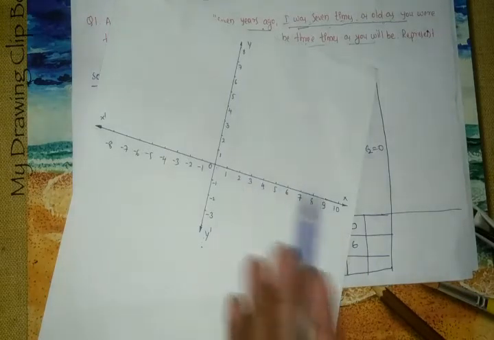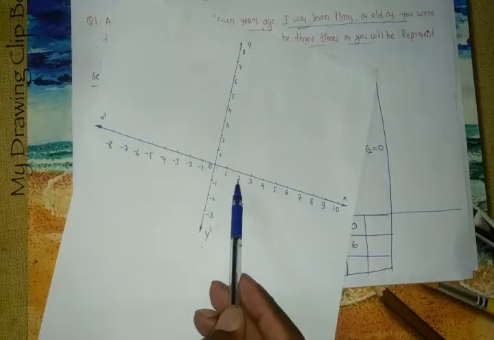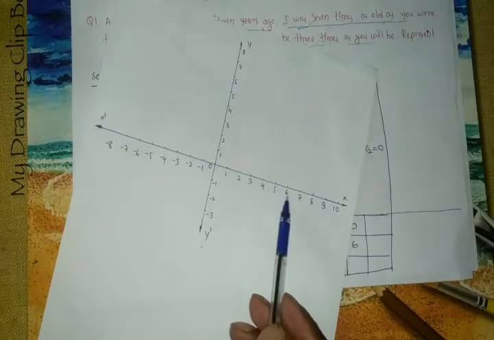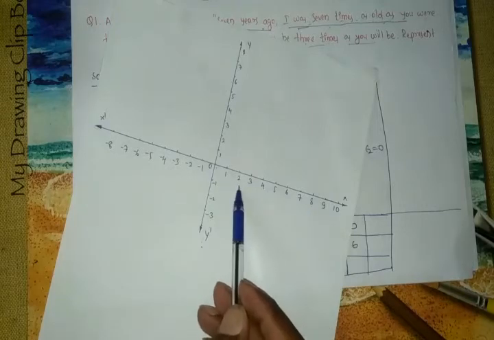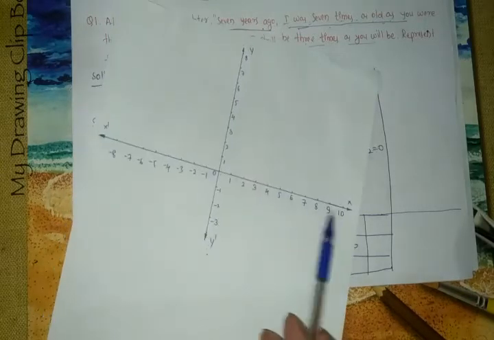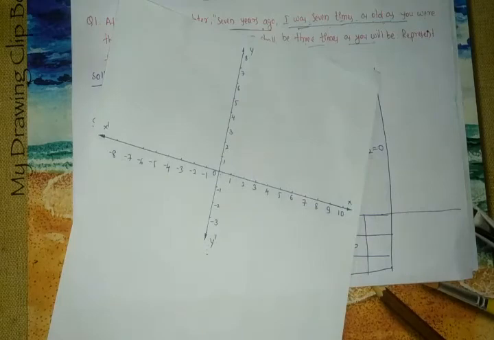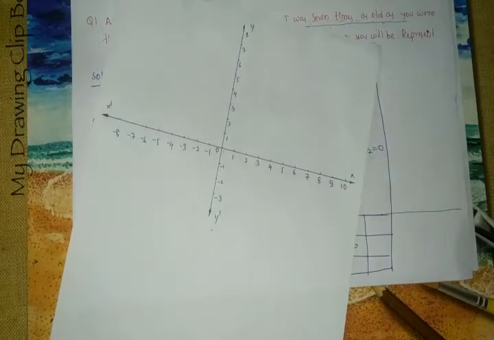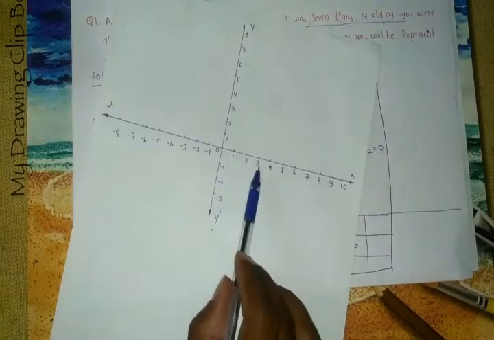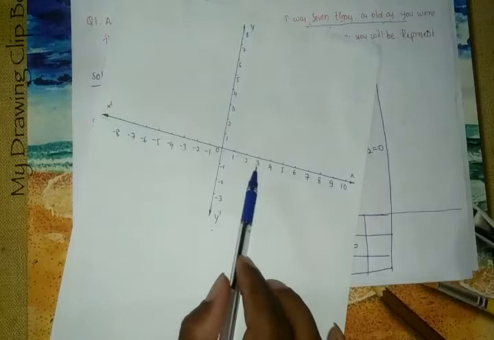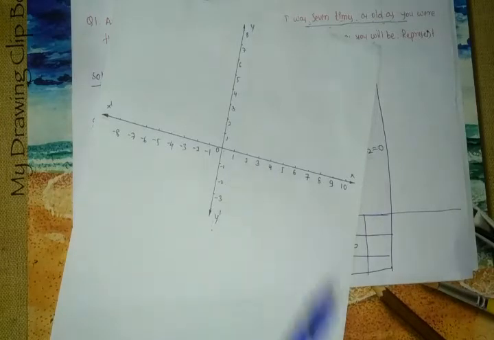Other intervals may be 2, 4, 6, 8, 10, 12, or multiples of 3, like 3, 6, 9, 12, or multiples of 4. It may be anything, it is left to you. I want to go with multiples of 1, that is 1, 2, 3, 4, 5, 6. Here the interval is 1.